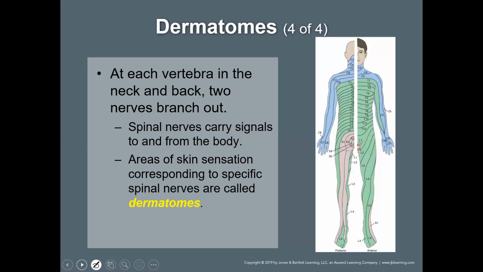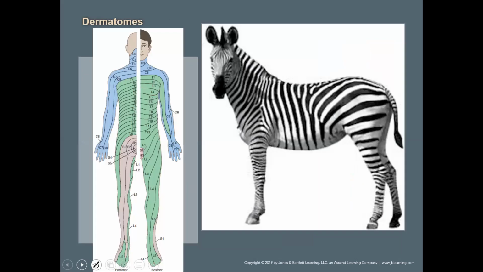Those spinal nerves carry signals to and from the body. The areas of the skin where we have sensation correspond to specific spinal nerves, and these are called dermatomes. And that's a weird word, so I thought I would tell you where that came from. Yes, the zebra.